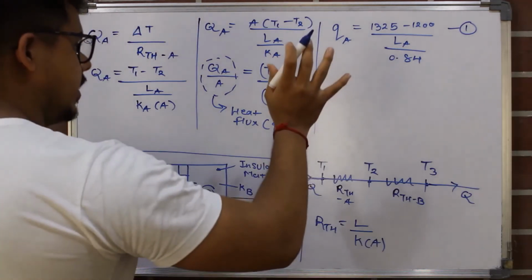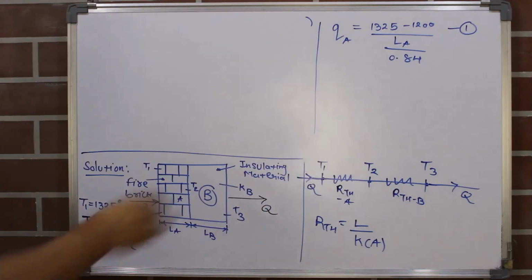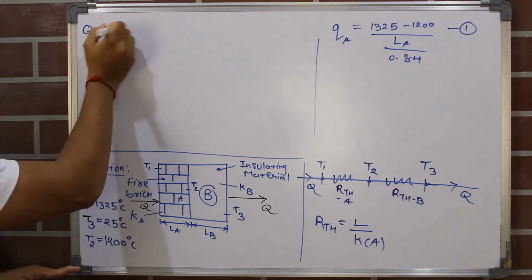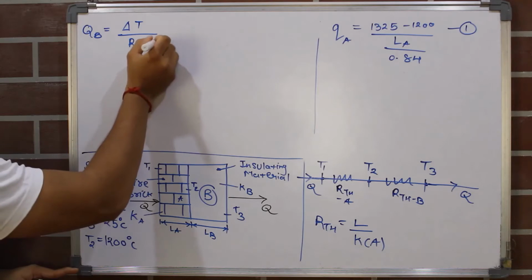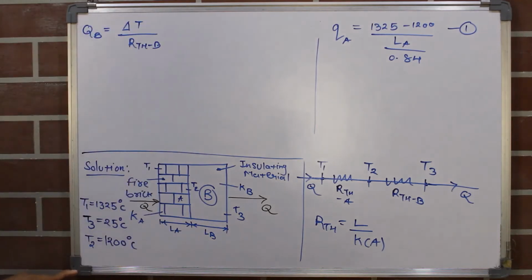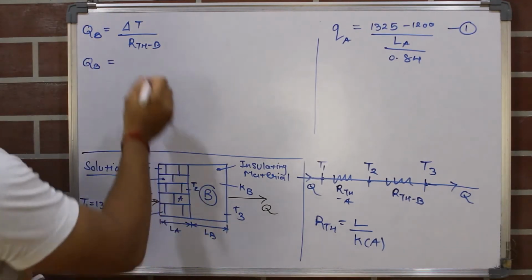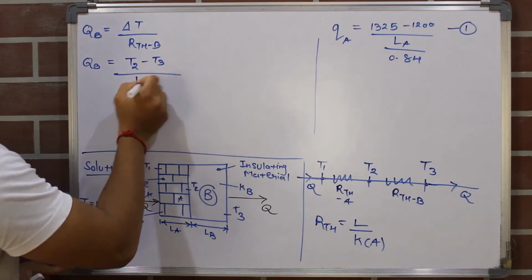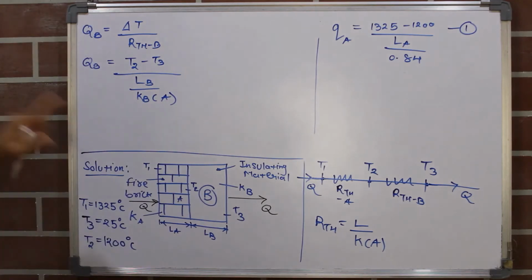Now, in the same way, we will find the heat flux for wall B. So for wall B, we will first write QB is equal to delta T divided by RTHB. Now what is RTHB? We know that QB is equal to delta T, which is T2 minus T3 for wall B only, divided by LB by KB into A. Now again we don't have the area, so we will bring this area to the denominator of QB.